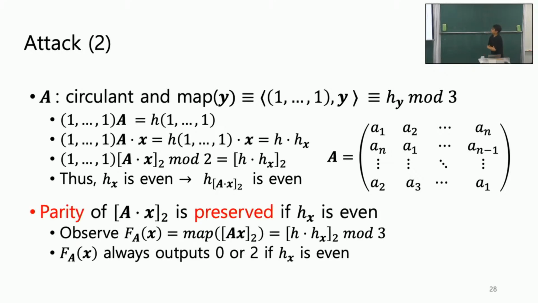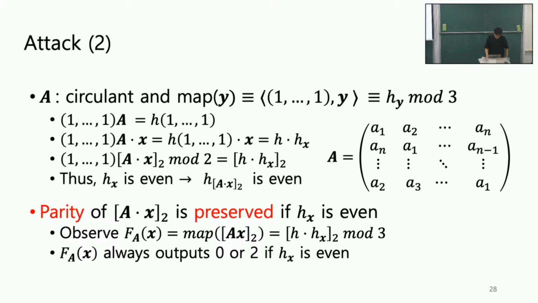So the parity of AX mod 2 is preserved whenever HX is even. Therefore, we observe that FA of X always outputs 0 or 2 whenever HX is even. This is a key observation of our attack.